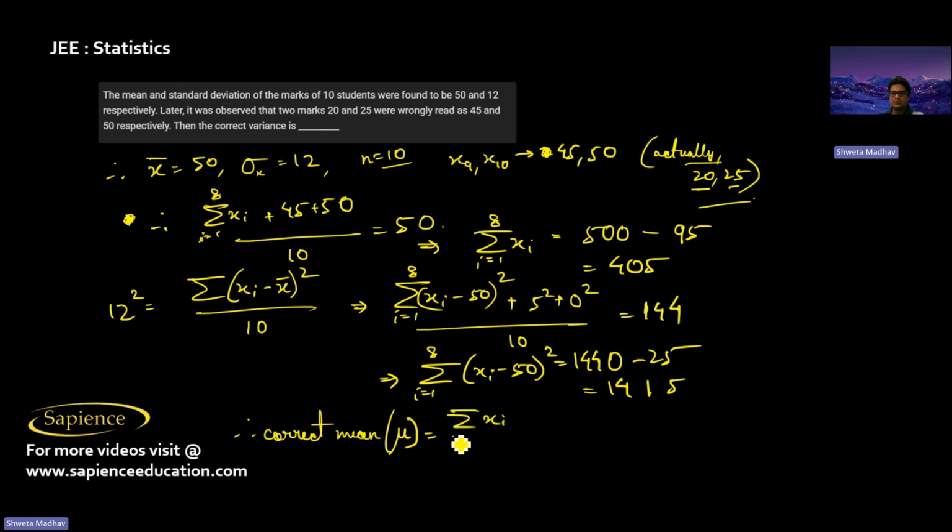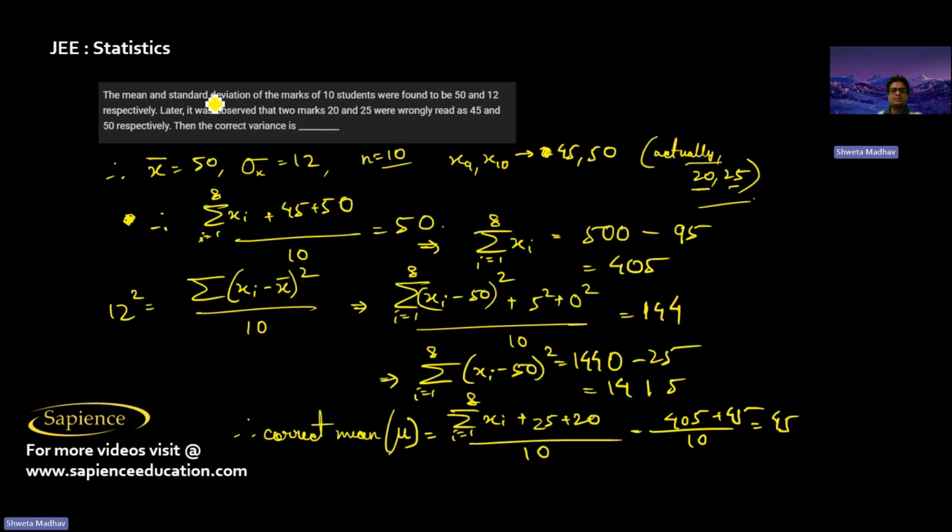summation xi, i goes from 1 to 8, plus 25 plus 20, divided by 10. So this will be equal to 405 plus 45 divided by 10. So this will be 450 by 10, that is equal to 45.